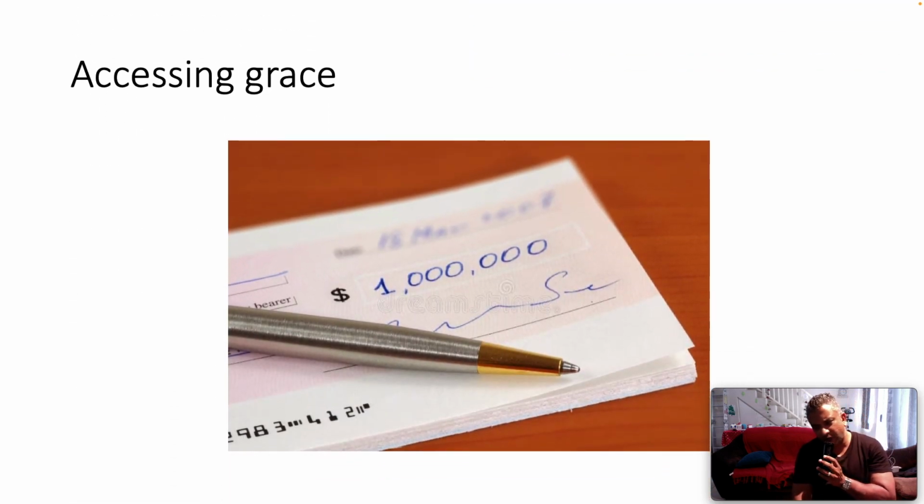Okay, so, my friends, we spoke about grace, and we said grace is God's divine enablement, right? That is freely accessible to us through the power of the Holy Spirit in humility by faith, right? It's something like, imagine if somebody wrote you a check for $1 million, right? Now, unless you put your name on the back of that check and take it to the bank and cash it, that money will never be transferred into your account.